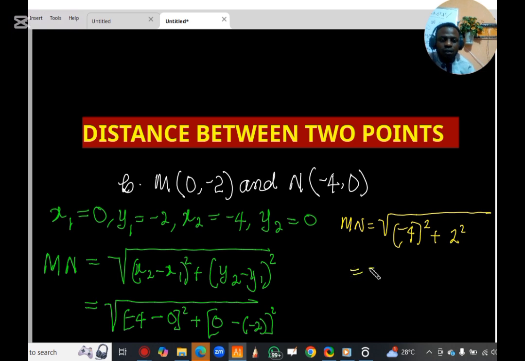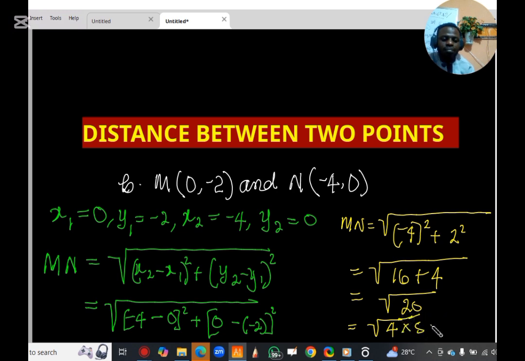That will give us negative 4 all squared, that's 16, plus this is 4, which we can write as root 4 times 5. Square root of 4, not negative 4, please. Square root of 4 is 2. We have this to be 2 root 5 units.